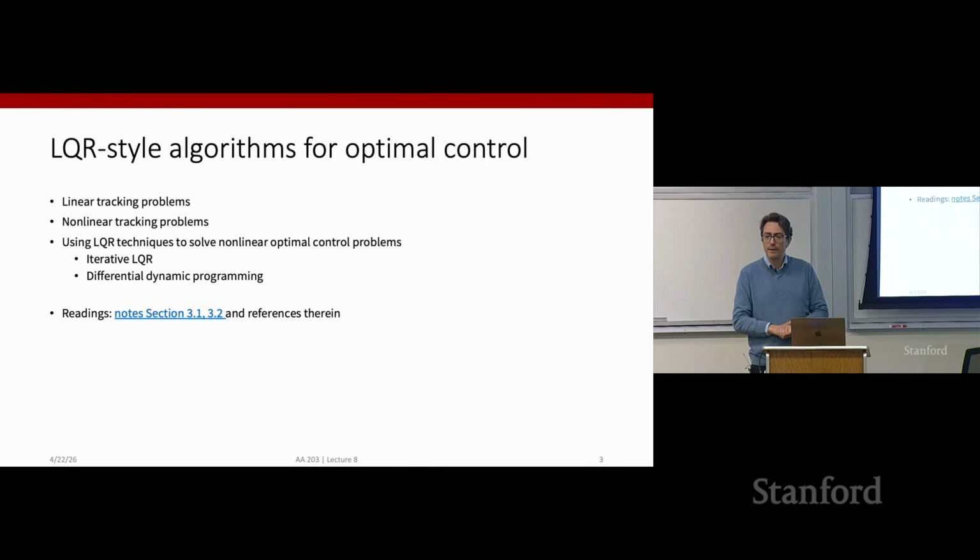Yeah? You said that this is the most common outside of PID. I was wondering if you could talk maybe for 30 seconds or so about why you would choose this over PID. Well, the problem with PID is that you don't really have a notion of an objective function. In LQR, you can more intentionally specify your objectives. There are indirect ways to shape the response of your system with PID controllers.